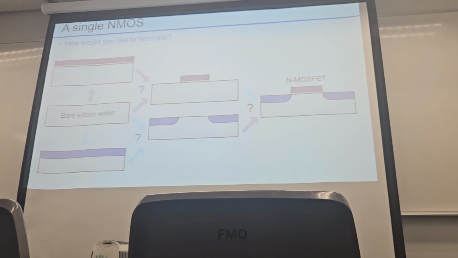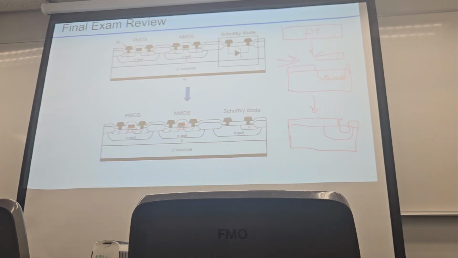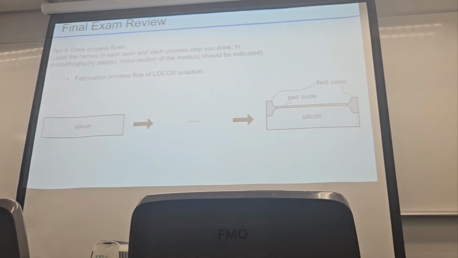Okay, so let's go back. For part 2, we also have some other examples for the process flow drawing. So label the name of each step and each process step you draw. In the lithography step, the cross section of the mask should be indicated.